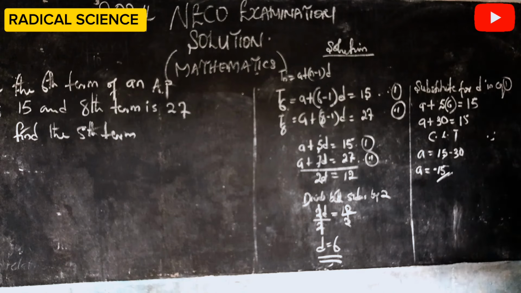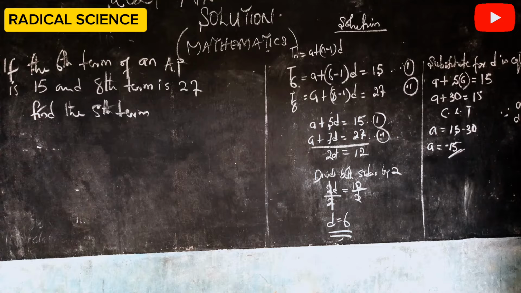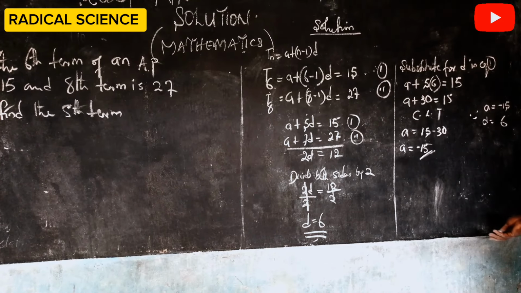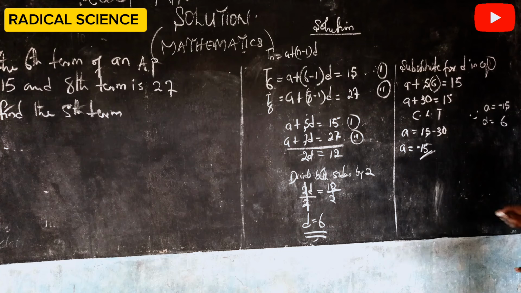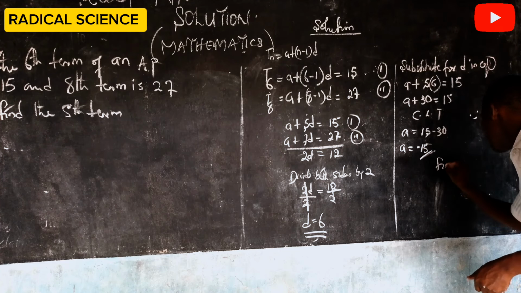Therefore, as a summary of this simultaneous equation before we find the fifth term, my first term is minus 15 and my common difference is 6. Now, having gotten this, our work is easier. They say find the fifth term.